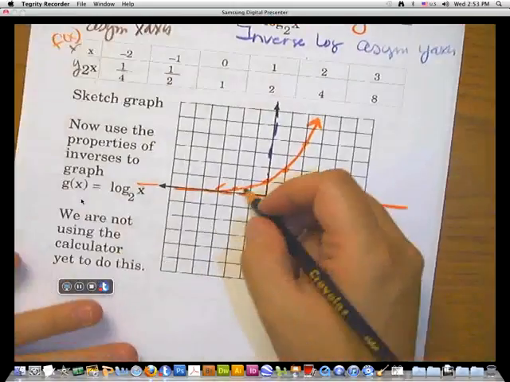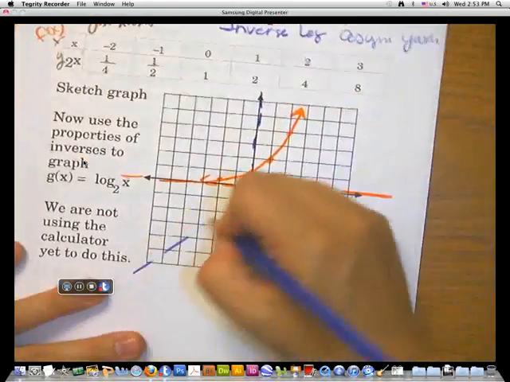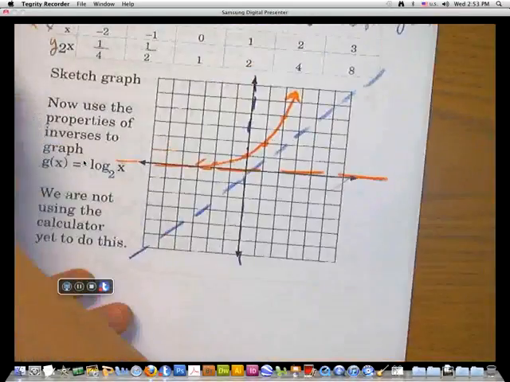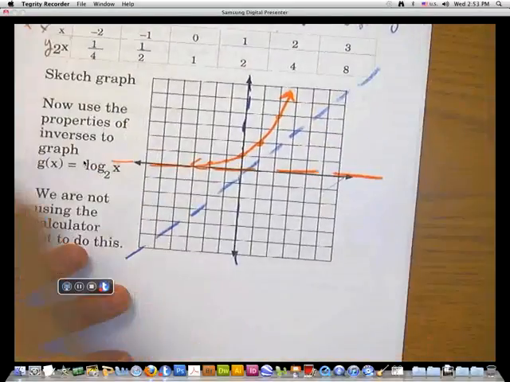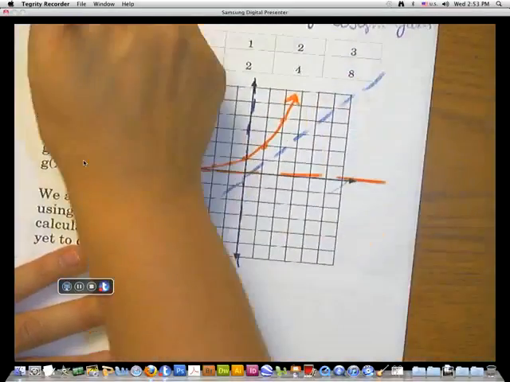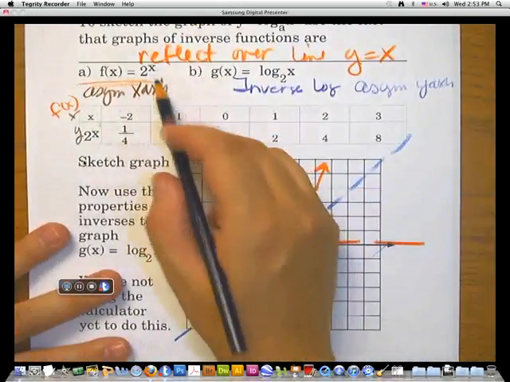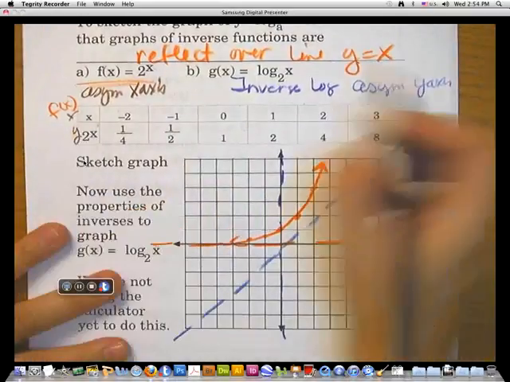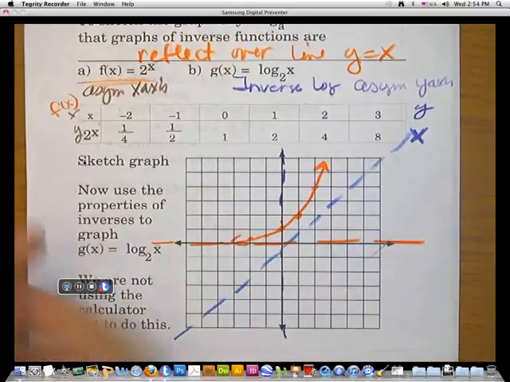And the whole thing is going to reflect over y equals x. My y values of the original exponential become my x values, and the x values now become my y values. That's what it means to be an inverse of each other.